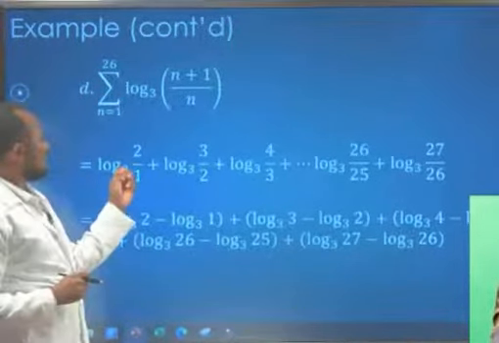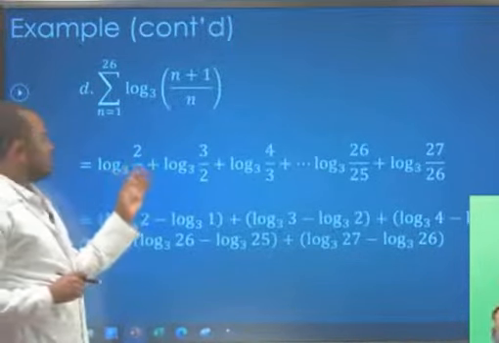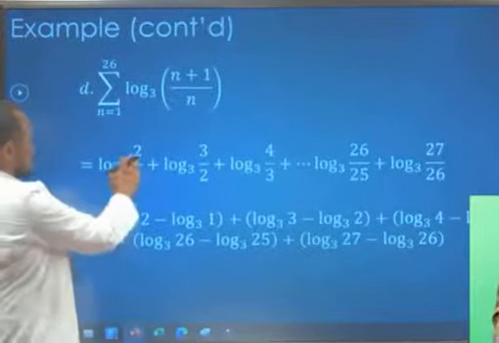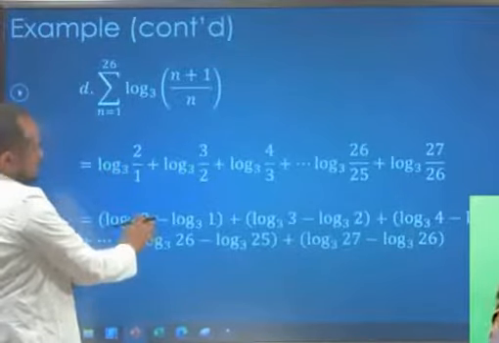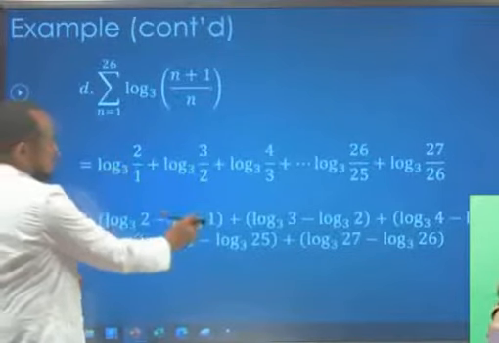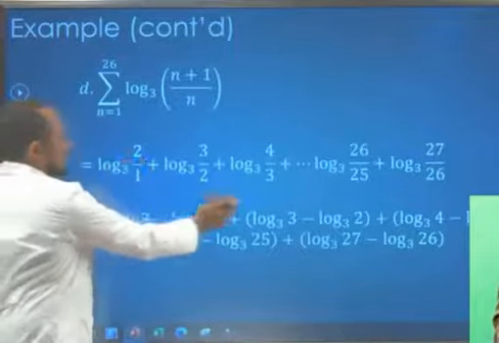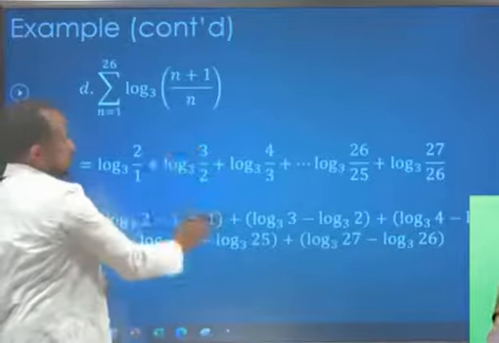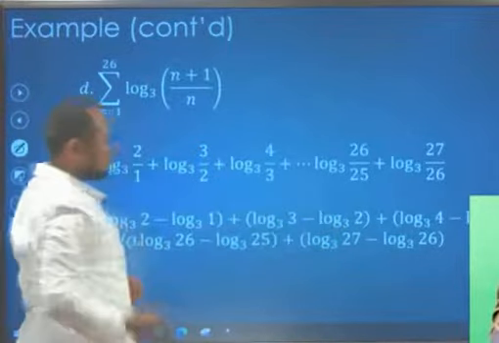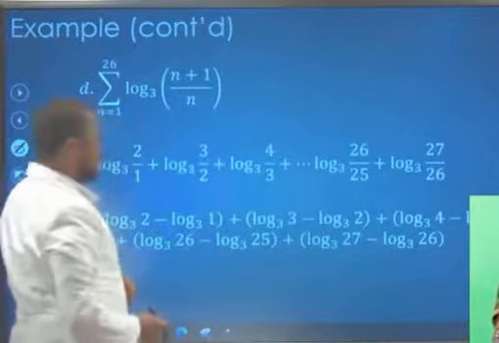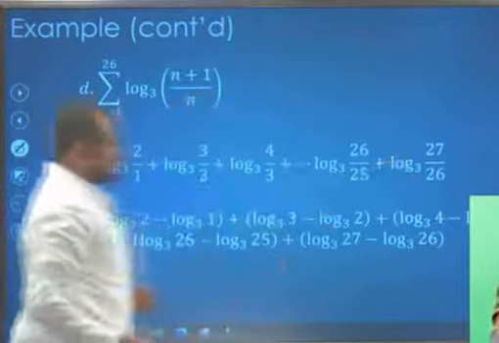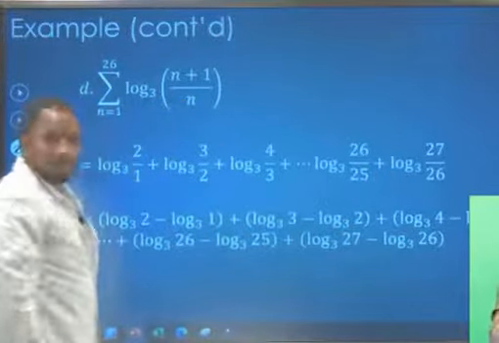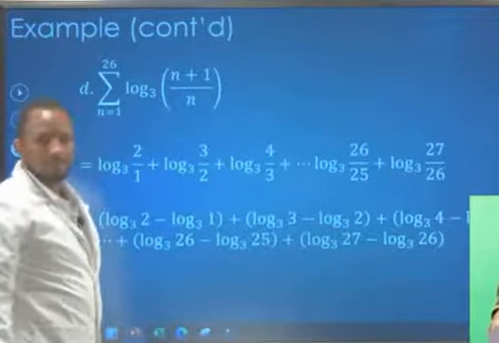The logarithm of 2 over 1 to the base 3: division can be converted into subtraction. So this is the logarithm of 2 to the base 3 minus the logarithm of 1 to the base 3, plus the logarithm of 3 minus the logarithm of 2 in base 3, plus it goes on like this up to the last term, the logarithm of 27 in base 3 minus the logarithm of 26 in base 3.